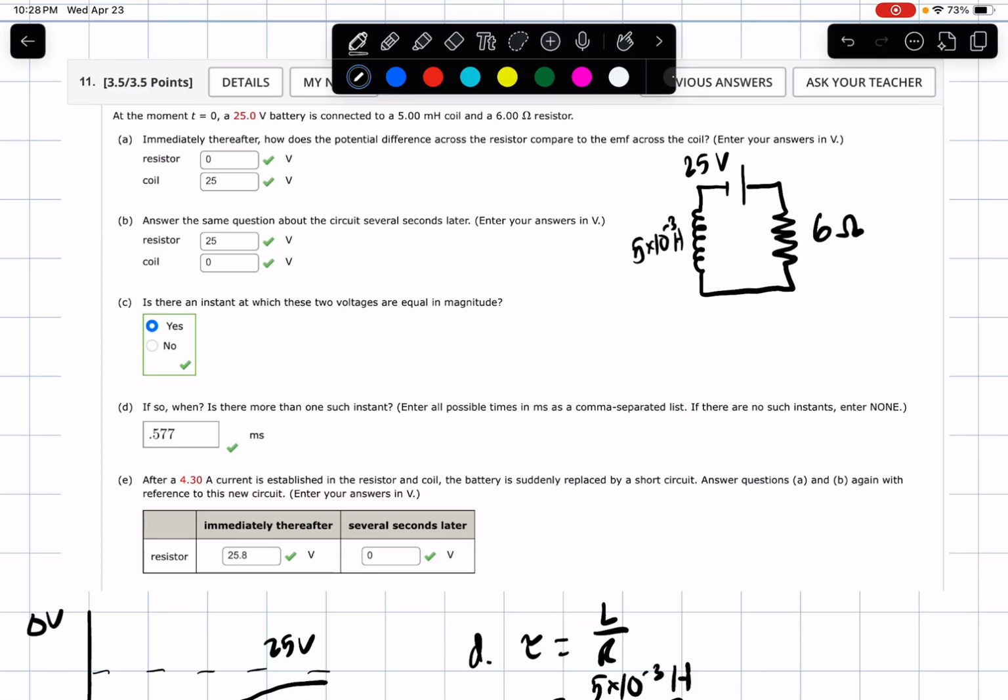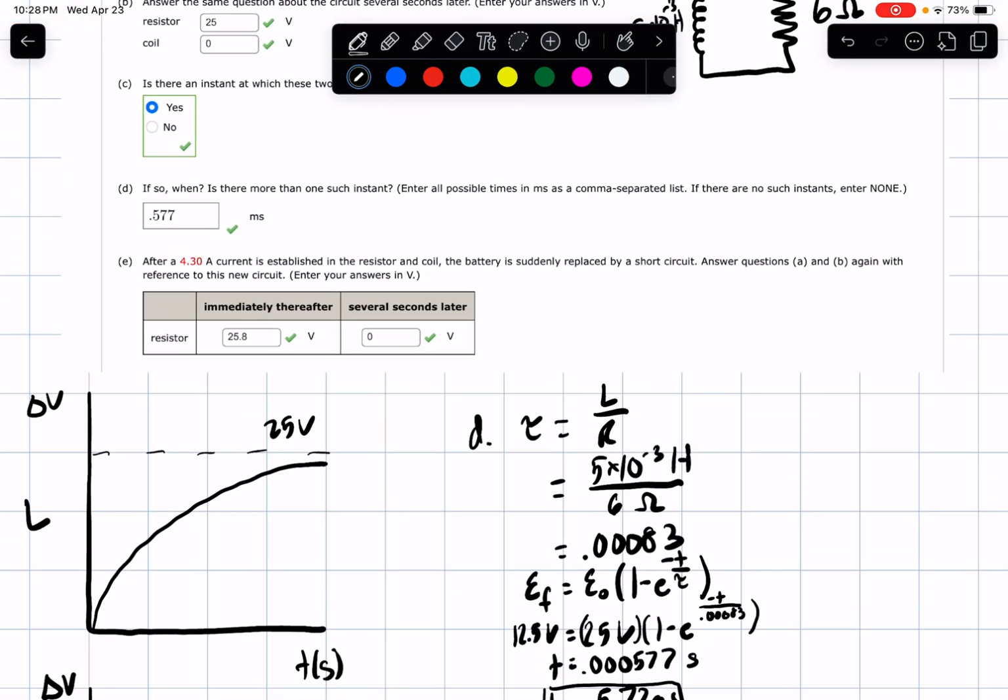Another thing is the equations. For example, you have to know how to find your time constant, and then of course you have to know the actual equation that we use after we find the time constant. So I'd say those were the most difficult parts, just having to know how to apply them to a problem. But yeah, we're still able to do the problem, so that's good.